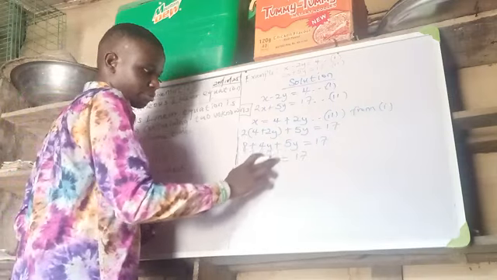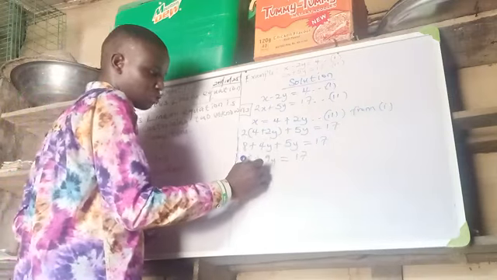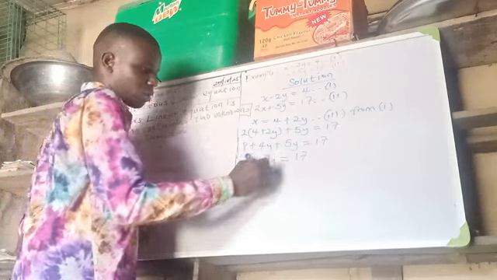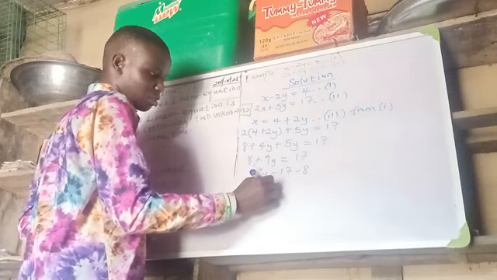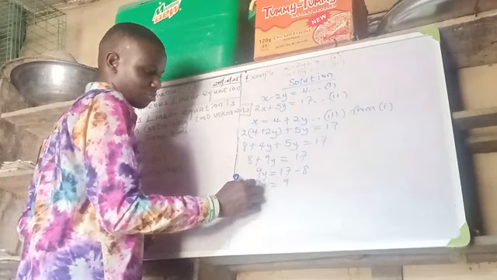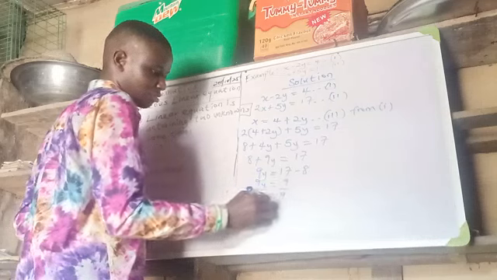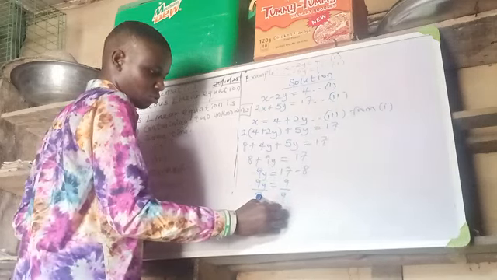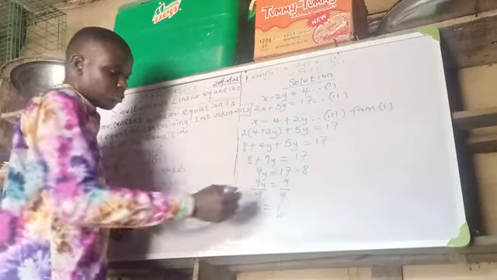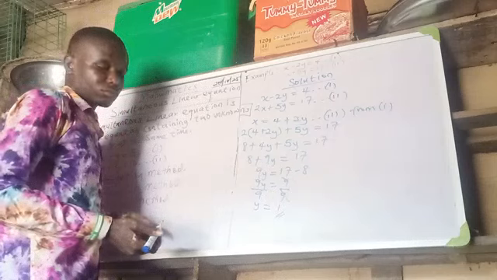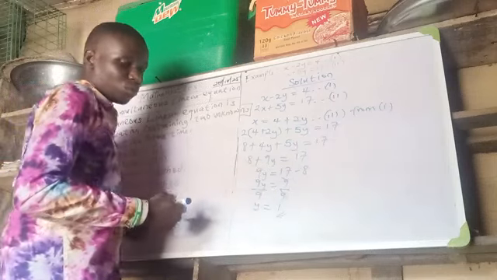Now, the term with y stays alone. 9y equal to 17 minus 8. So 9y is equal to 9. Divide both sides by 9. So my y is equal to 1. So the value of y is 1. Divide both sides: 9 people share 9 things, they have 1 each.